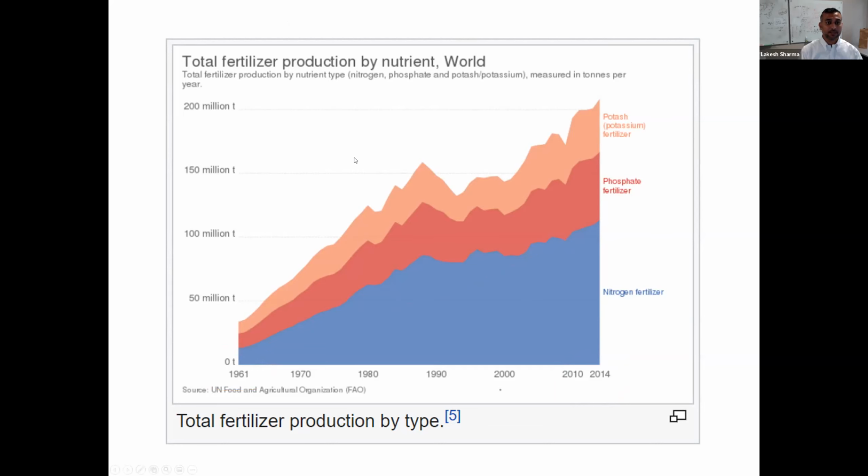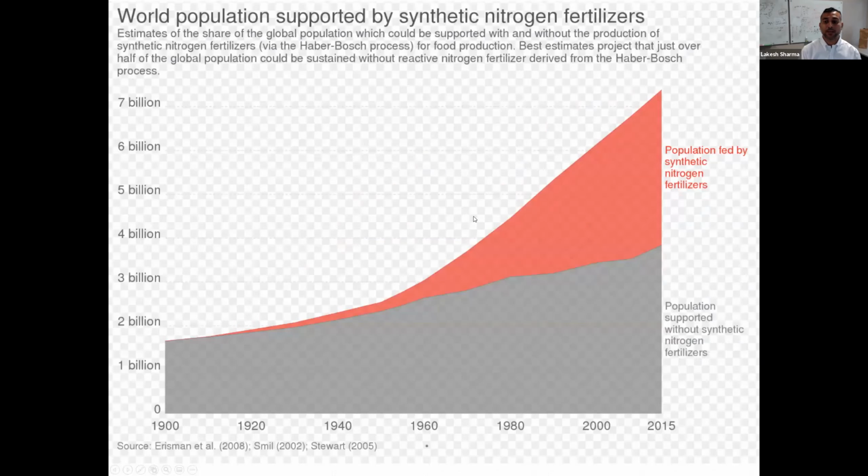So why is this important? Because if we do not use nitrogen, the scenario will look like this. This would be the scenario, and this amount of population would not receive any food if we do not apply synthetic fertilizer.